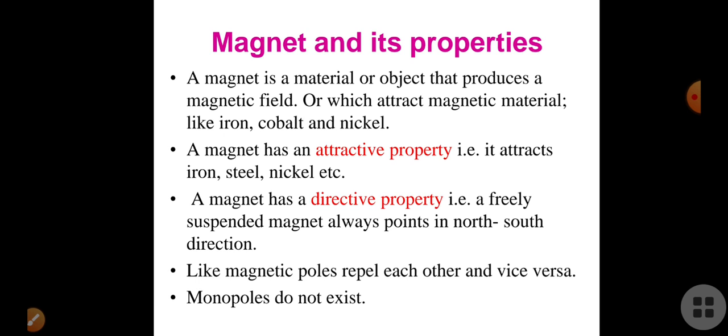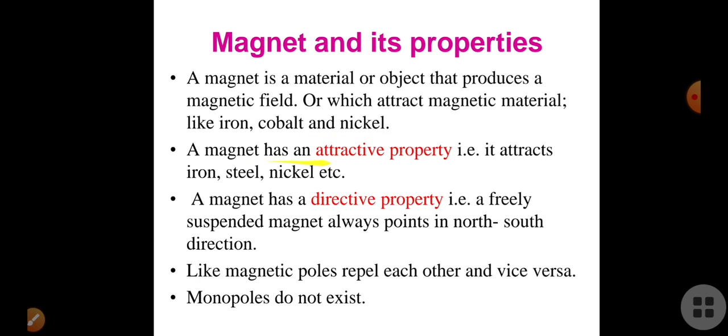Now, in your earlier classes you discussed magnets and their properties. So let us recall those properties, because in this chapter we are going to use them. A magnet is a material or object that produces a magnetic field, or which attracts magnetic materials like iron, cobalt and nickel.